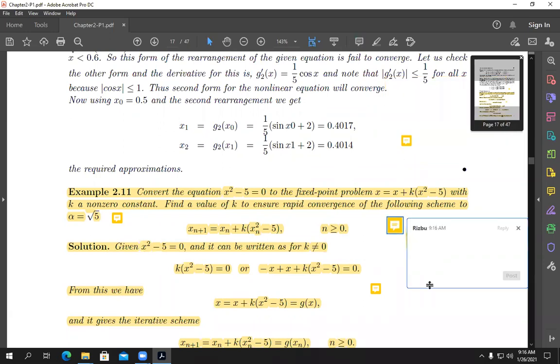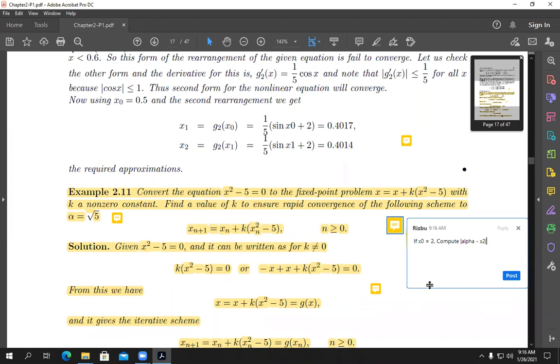I say, if x naught equal to 2, compute the absolute error, alpha minus x2. I added this question in the exam here.